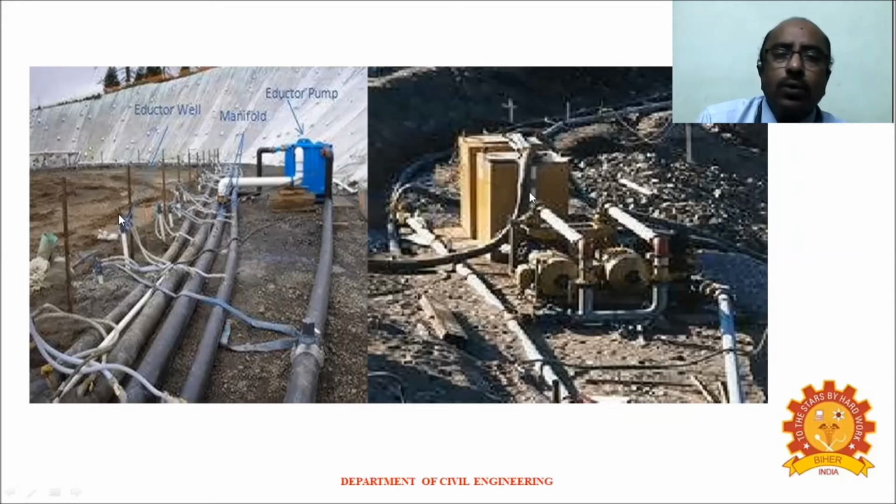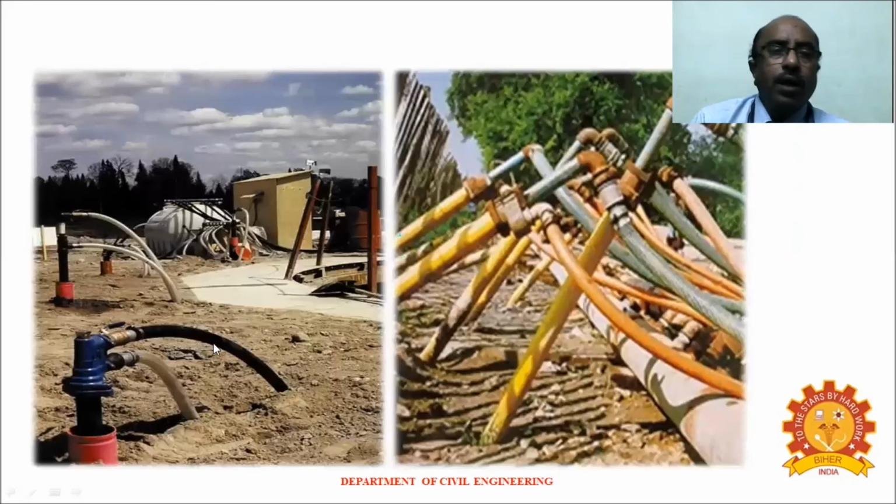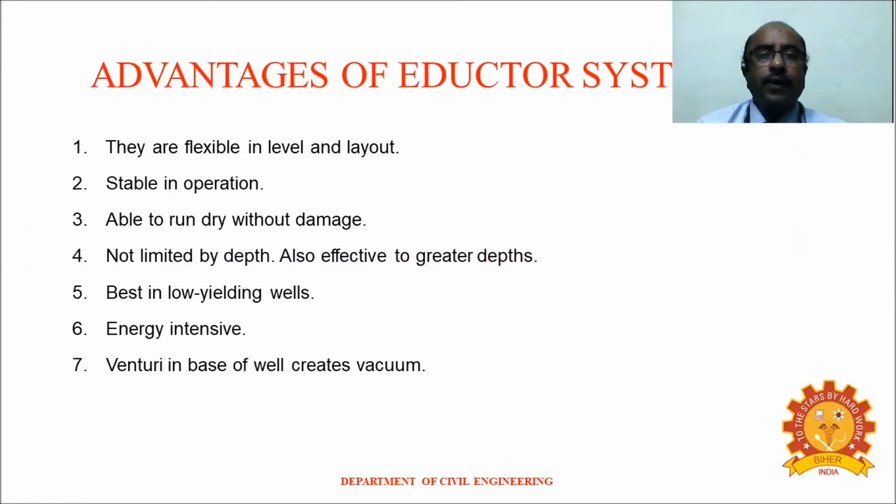This is the closer picture of that system. Here also we can see that it can be completely closed, and there is a pumping station. A lot of pumps or pipes are available with a single header pipe, so we can easily make the groundwater table go down to a greater extent.